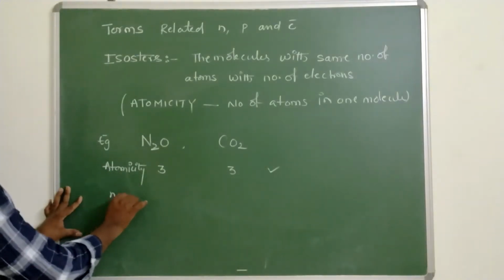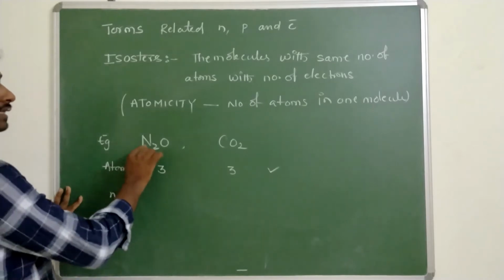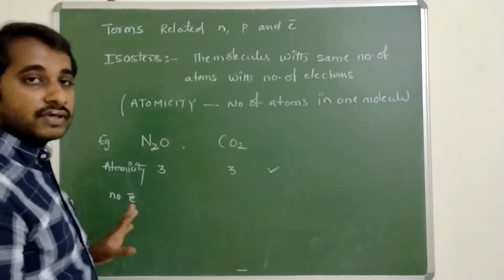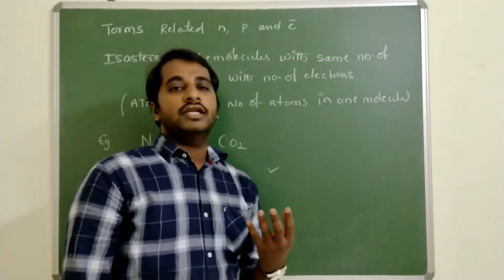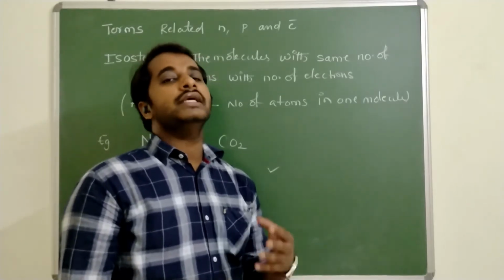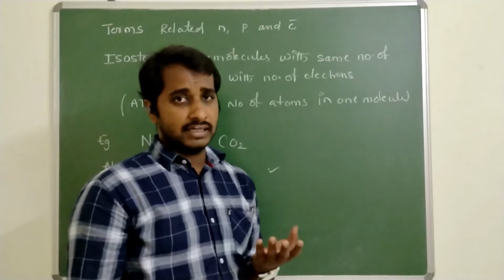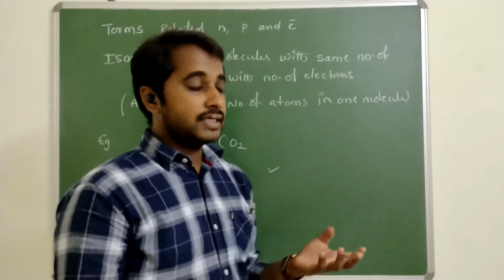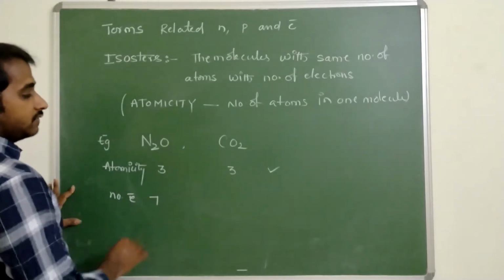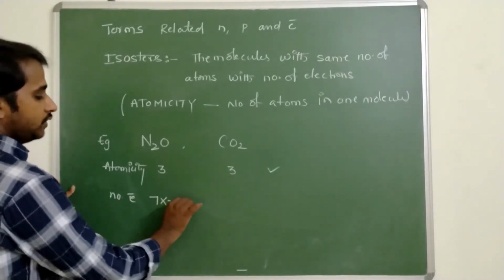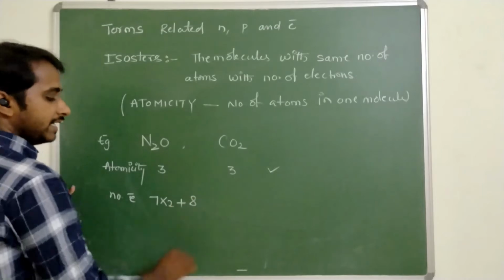Second condition, number of electrons. How do we calculate the number of electrons for a molecule? We just need to add the number of electrons in each atom. For example, N2O: N has atomic number 7, and 2 are there, so 7 into 2 plus oxygen 8.